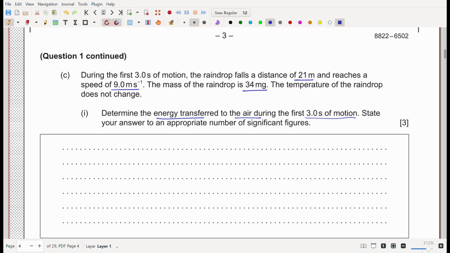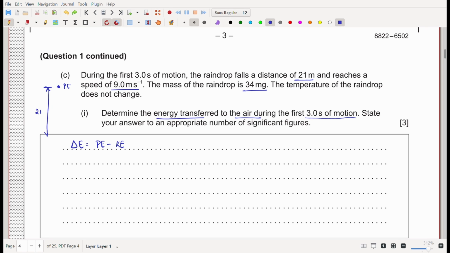So the energy transferred to the air is essentially going to be the loss of energy. So the loss of energy is going to be our initial PE minus the final KE, because we'll just assume that since it's falling a distance of 21 meters, here we only have potential energy and here we only have kinetic energy.